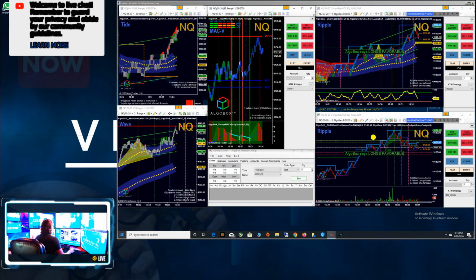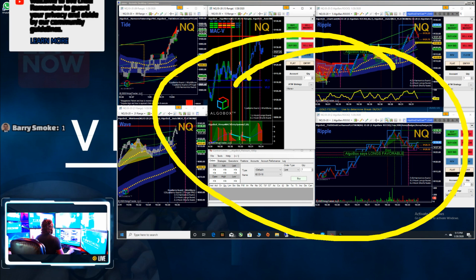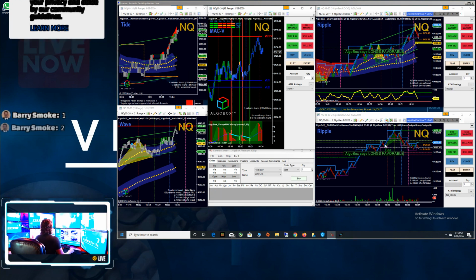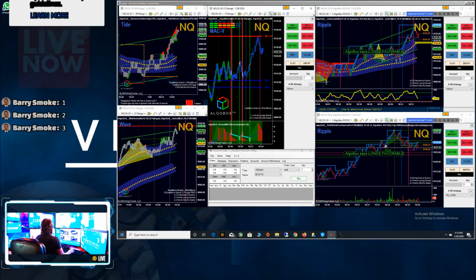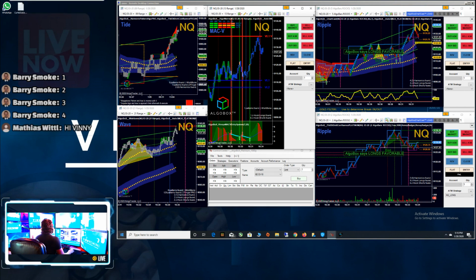So what we have set up over here, this is our dev box and showing some of our latest tool sets. Thank you, Barry, for getting those off the screen for me. Appreciate that. I know it's a little bit different coming in here on a Tuesday. We had planned to do this on Monday night, and just some things occurred, so a little bit off. And I know that some people have different schedules and they come back and watch these later, and that's okay. But if you guys are here with us live, do participate with us. Makes things a lot more fun. Let me refresh my live spot. There we go.